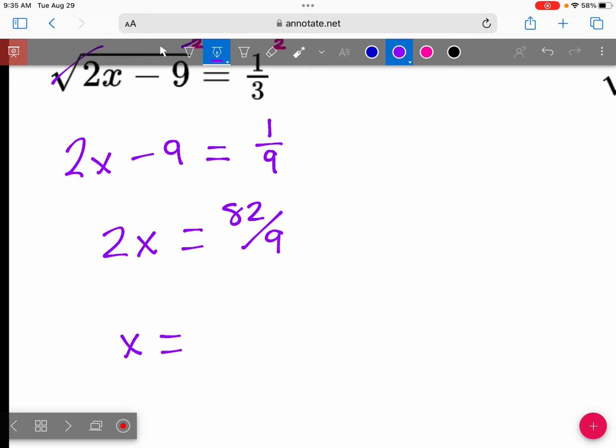What do we get? 82 over 18 is valid. Can we do it a different way so it simplifies? What's 82 divided by 2? 41. 82/18 also is valid, but you then have to simplify because they're both divisible by 2.